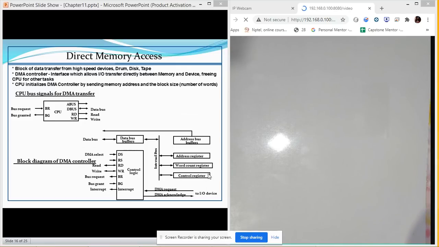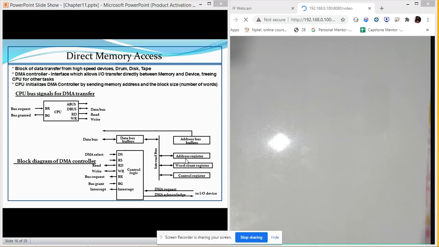In the control register, it initializes the value for what type of operation it has to do and how to do that operation. Then how many words it has to get or transfer is given in the word count. Then the address register says from where it has to get those words, and that is given at this place.